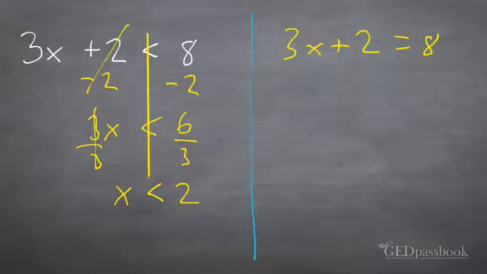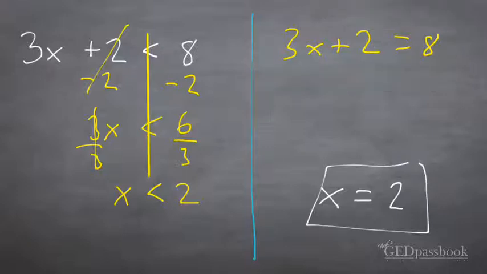When we did the math, we came up with x equals 2. That's two different things here. In this problem, an equation, x is what? Well, x is 2. There is no other answer except x being 2 to create this 8.